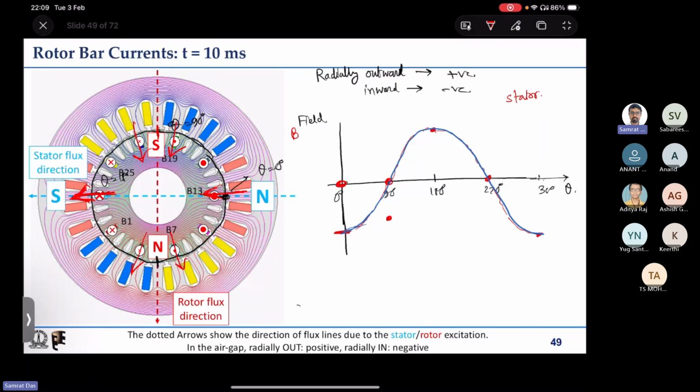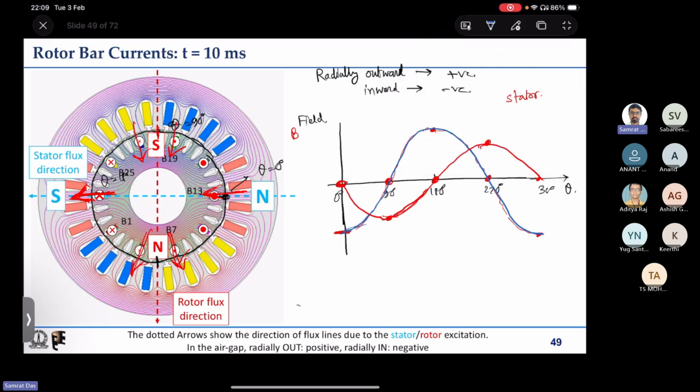At again 180 degree it is 0, at 270 degree it is radially outward, so maximum. At 360 degree again 0. If I join those, I can join those.